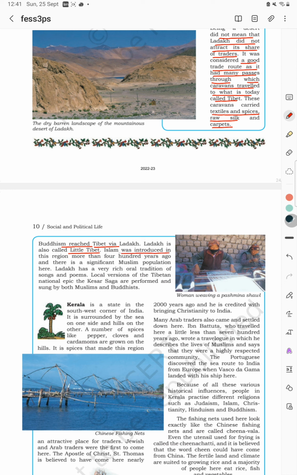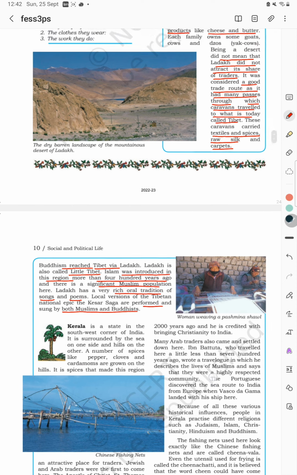Islam was introduced in this region more than 400 years ago, and there is a significant Muslim population here. Ladakh has a very rich oral tradition of songs and poems. Local versions of the Tibetan national epic, the Kisar Saga, are performed and sung by both Muslims and Buddhists.